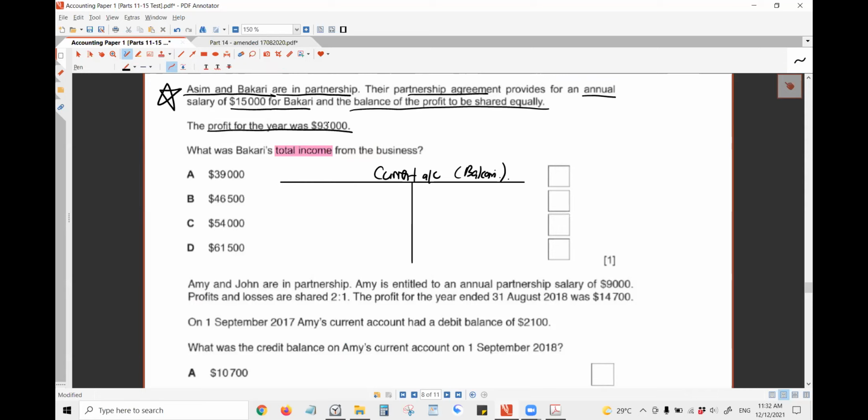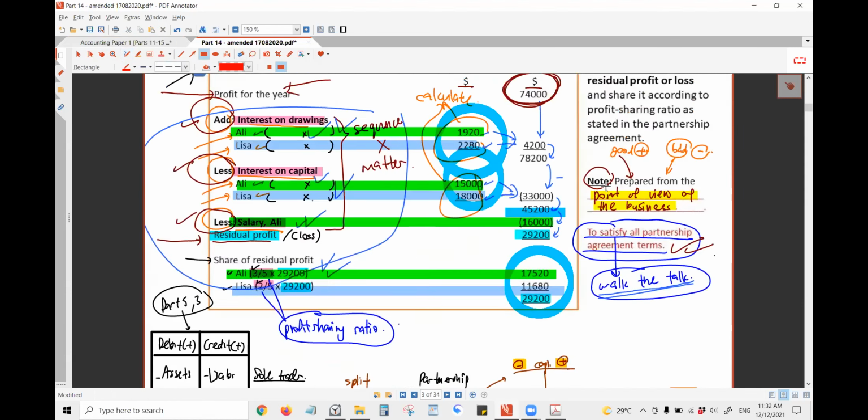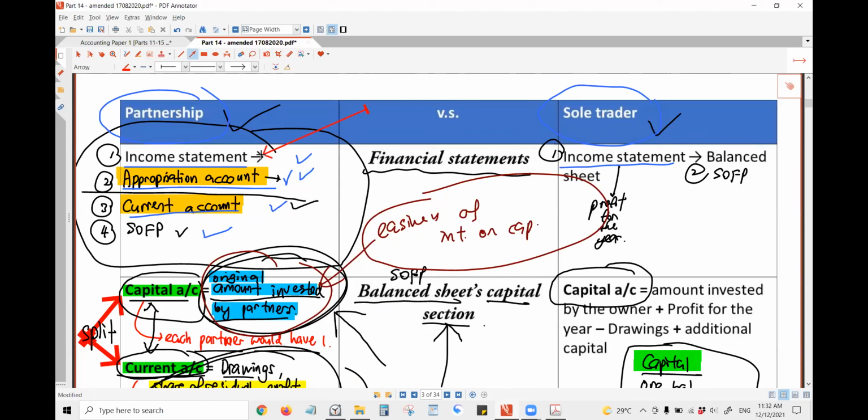Now, you have to first know how to do the accounting for partnership. A bit of recall for you. You have to follow this sequence. Do income statement first, then appropriation account, then current account, then SOFP. More importantly, you have to know how to do the appropriation account and current account.